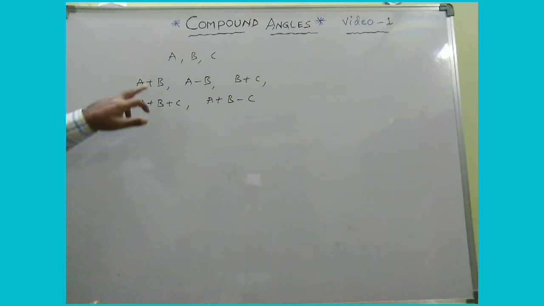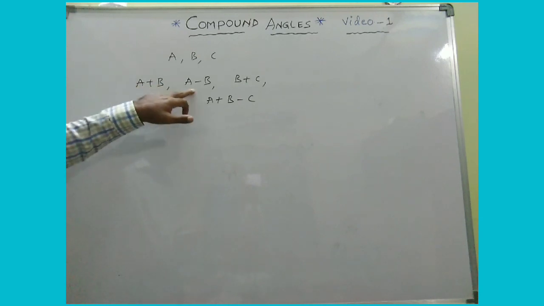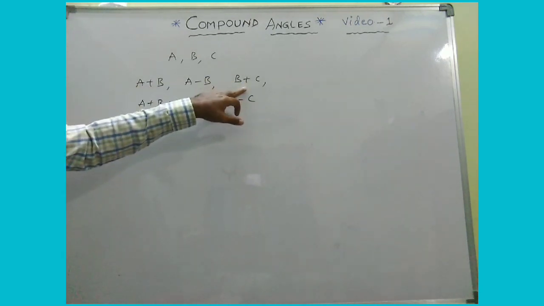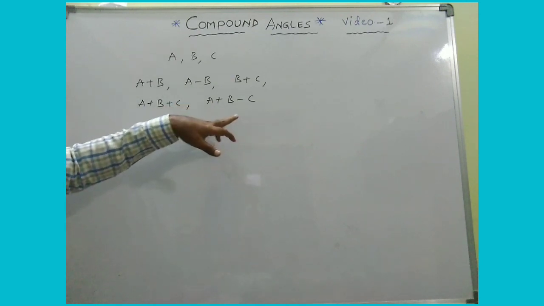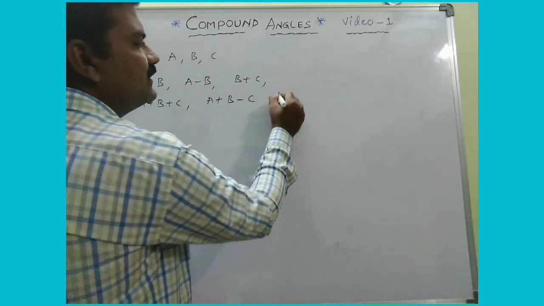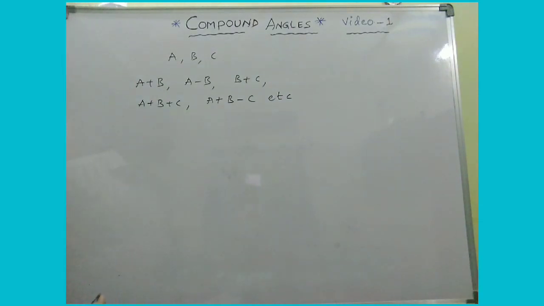I mean A plus B, A minus B, B plus C, A plus B plus C, A plus B minus C, etc. are known as compound angles.